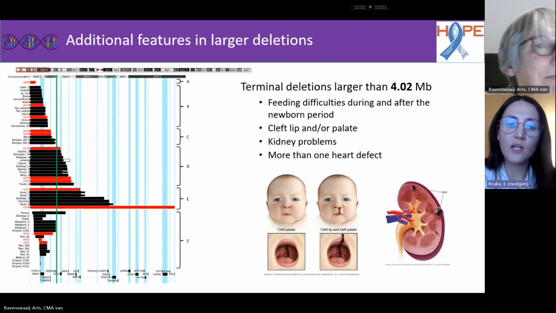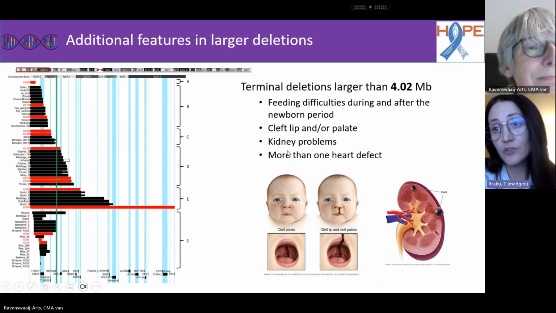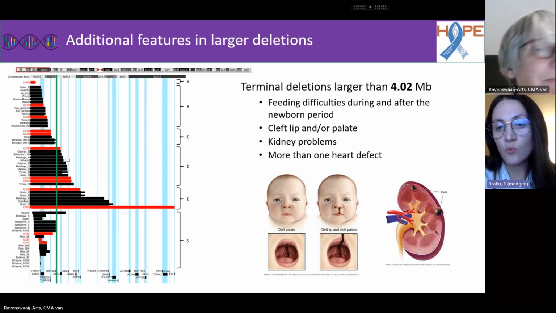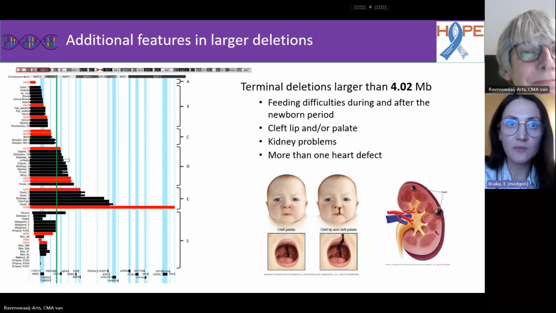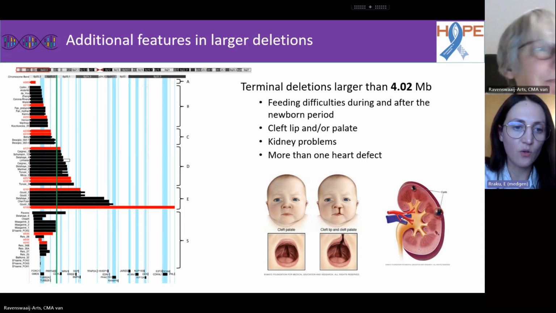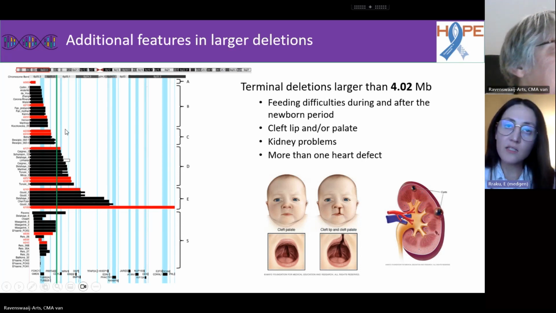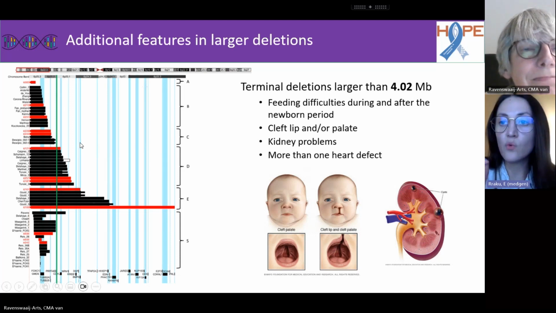Now, in individuals with terminal deletions that exceeded a certain size, so they were slightly larger, namely larger than 4.02 MBs, so those that extended beyond the green line in this figure, subgroups D and E, these individuals had some additional features next to the common features that we just discussed.